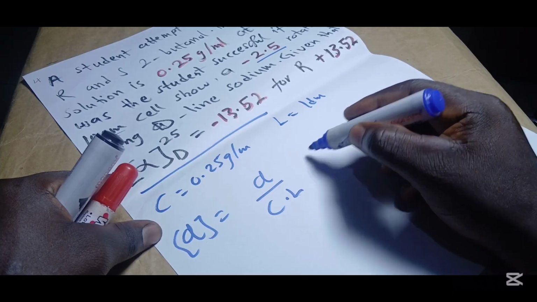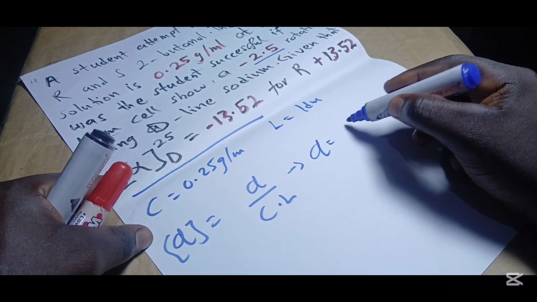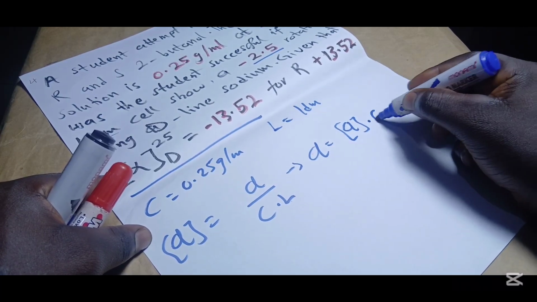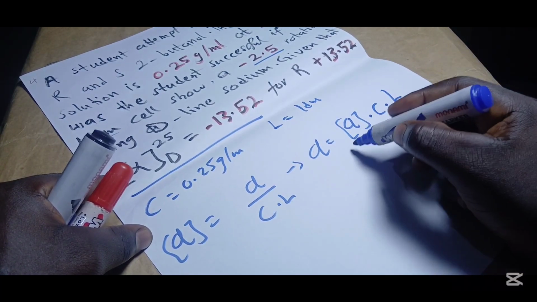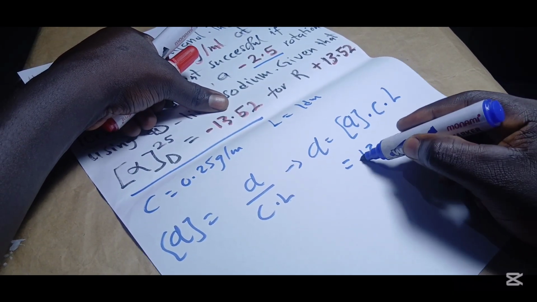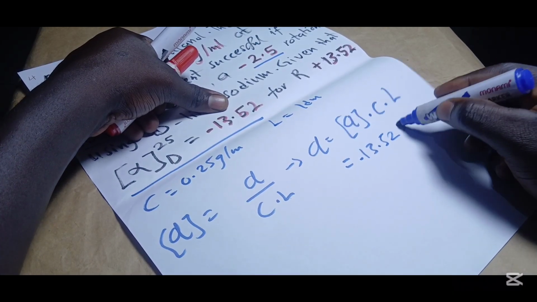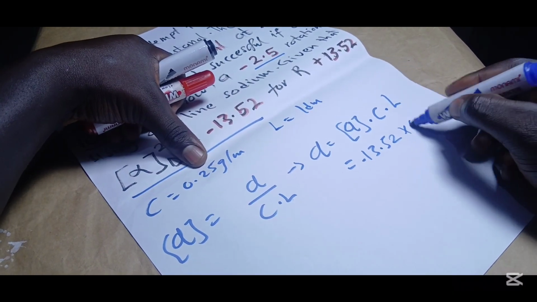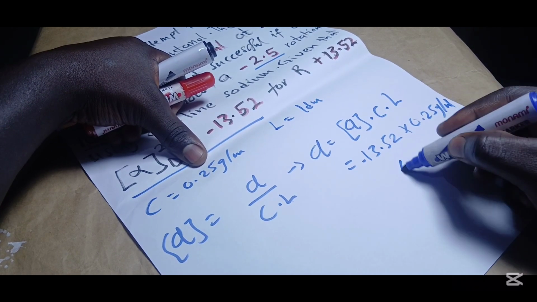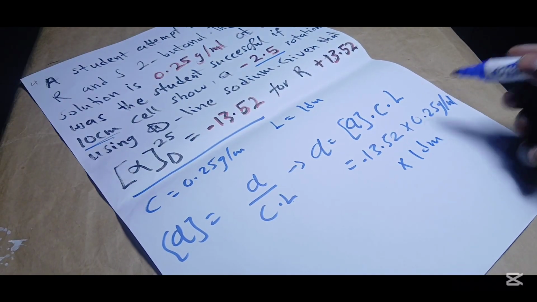So making observed rotation the subject gives us specific rotation multiplied by concentration multiplied by path length, which is going to give us minus 13.52 multiplied by concentration, which is 0.25 gram per ml multiplied by 1 dm, 1 decimeter.